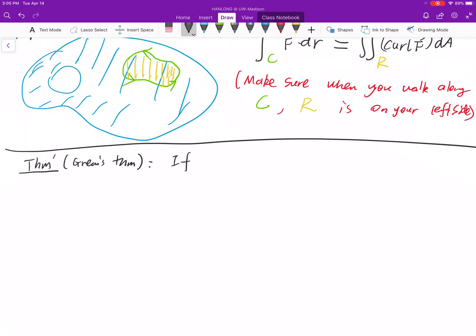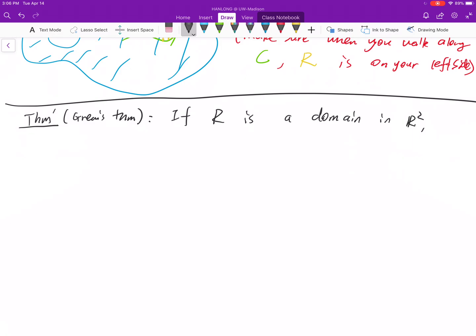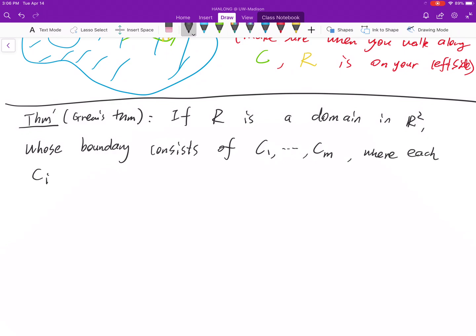So now let's define it the other way. If R is a domain in R2 and whose boundary consists of C1 all the way to Cm, where each Ci is a curve with a certain orientation, compatible.